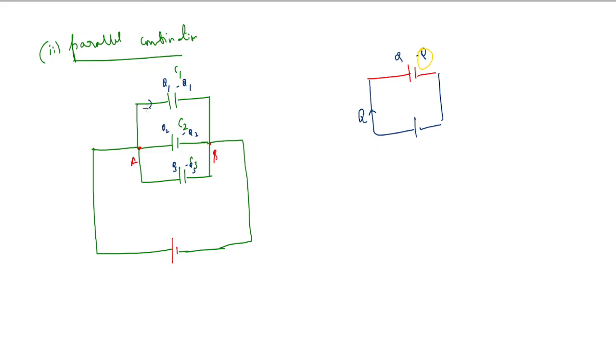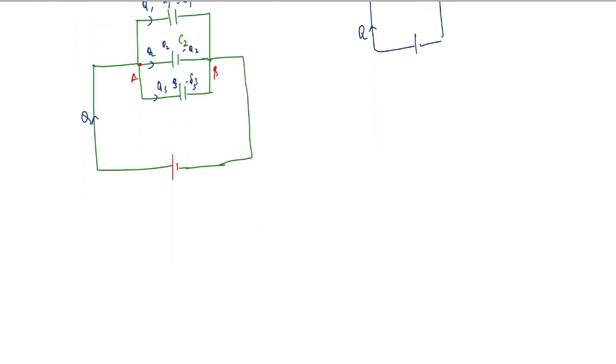So the charge entering would be Q1 and Q2 and then Q3. If you observe carefully, if the charge is Q, this breaks up. Electrons coming from here will add up and go as capital Q. So total charge Q is equal to Q1 plus Q2 plus Q3.